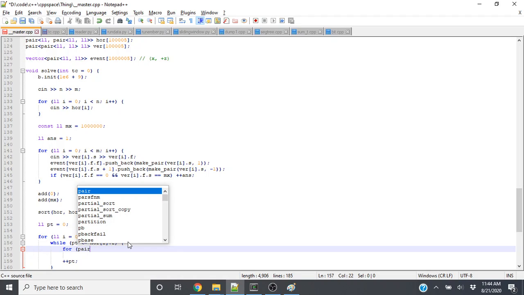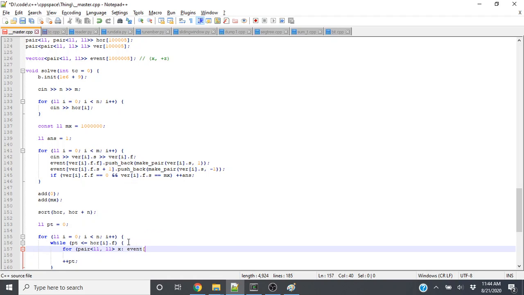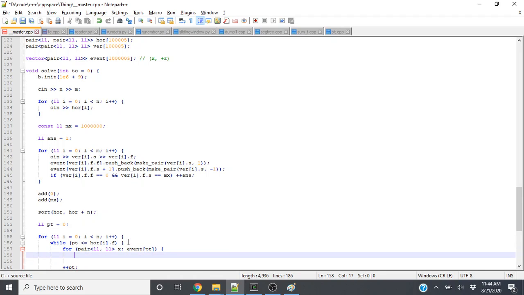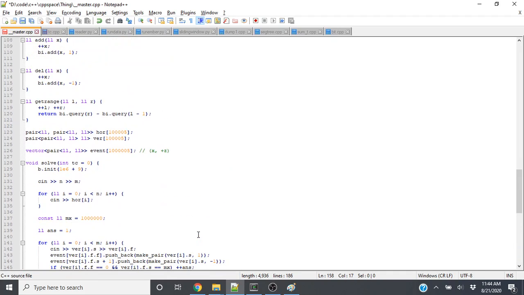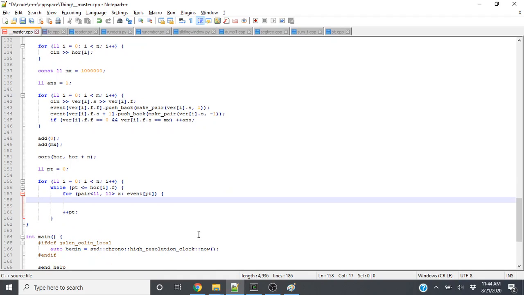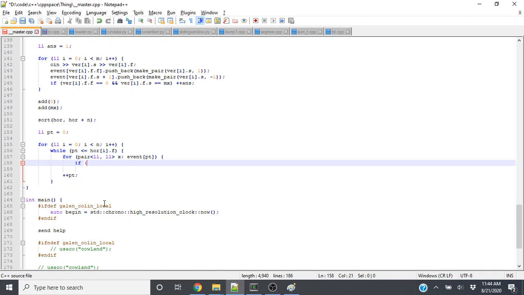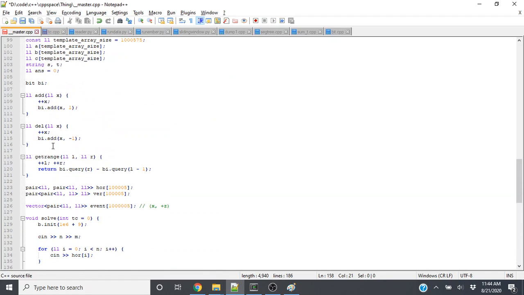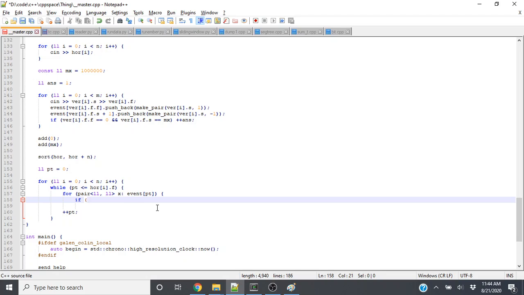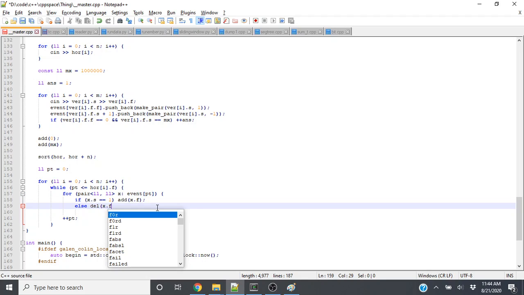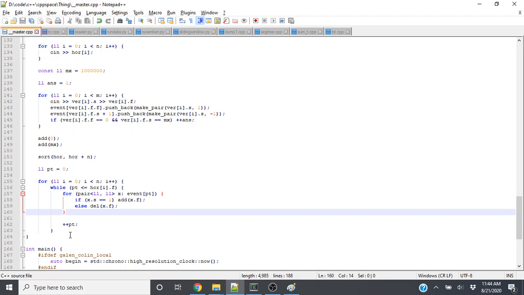For pair LL x event point. If, I don't know why we made these functions. They're kind of redundant, but whatever. If x dot second equals 1, add x dot f, else del x dot f.